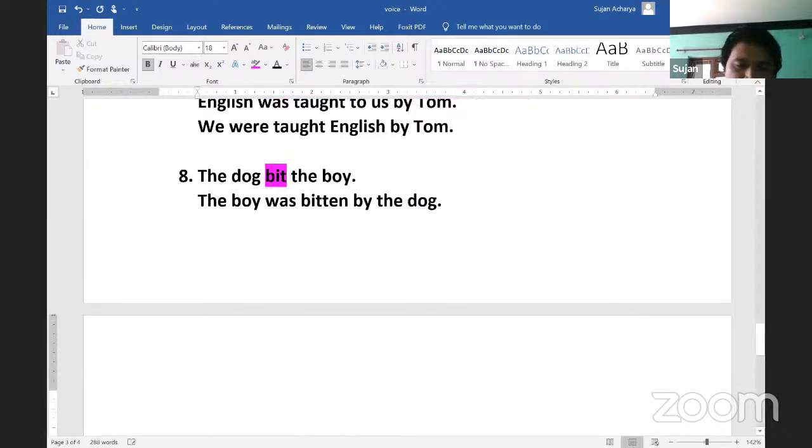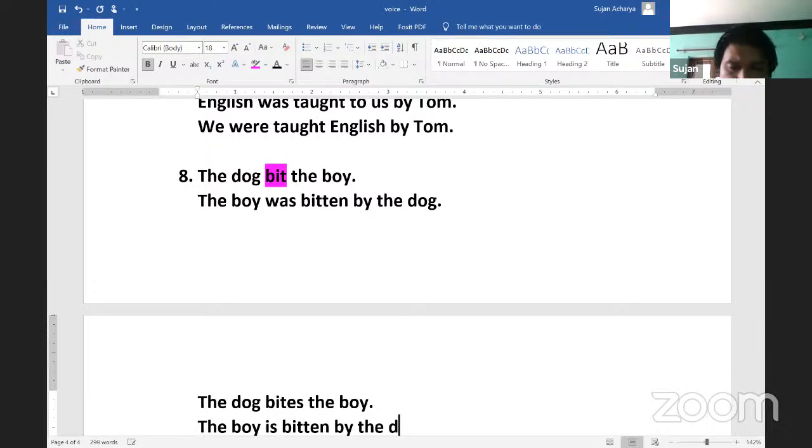The dog bites the boy. The boy is bitten by the dog. So this form of the verb determines which verb should we use down here.